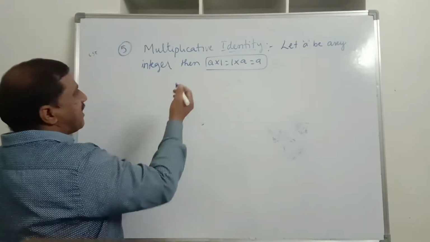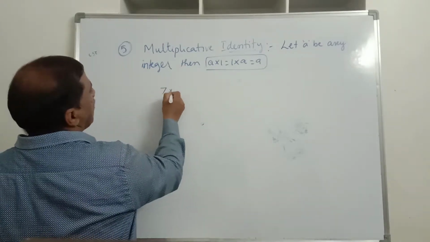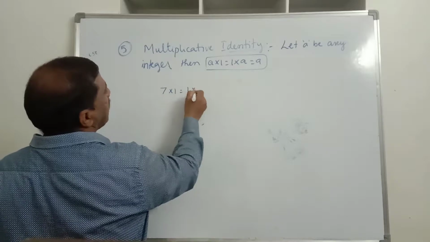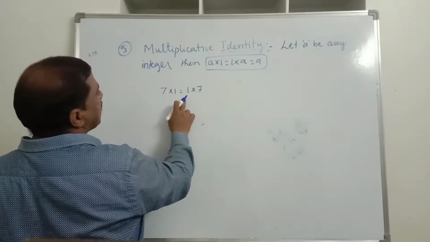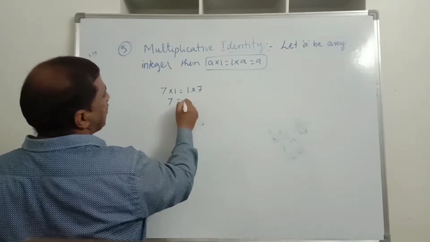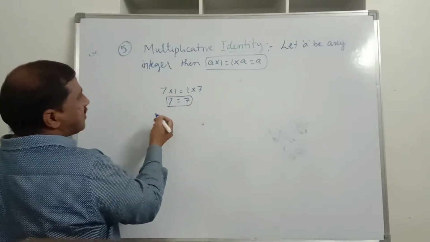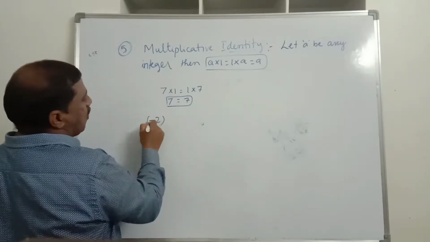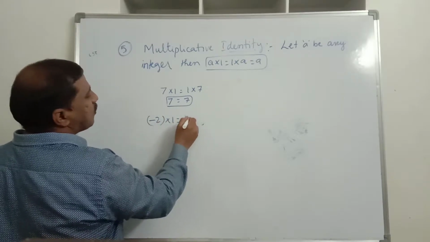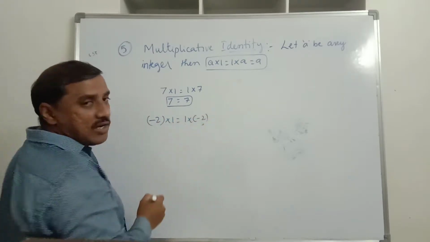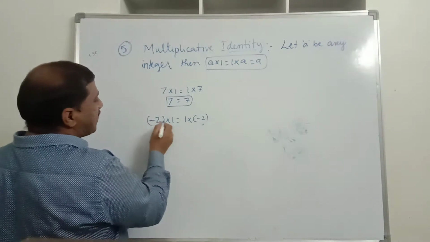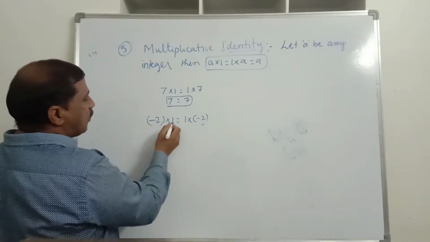Let us see some examples. 7 into 1 is equal to 1 into 7. 7 into 1 is equal to 7, and 1 into 7 is equal to 7. We got the same, 7 only. Similarly, if we take minus 2 into 1, that is equal to 1 into minus 2. Minus into plus is minus, and 2 into 1 is 2.